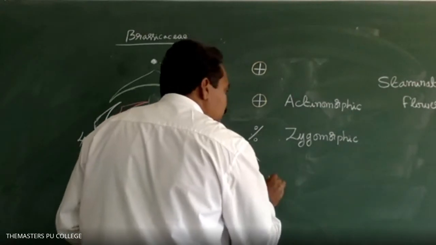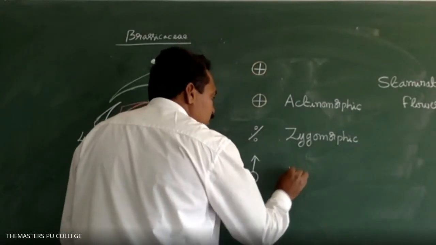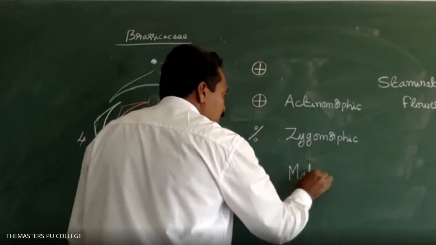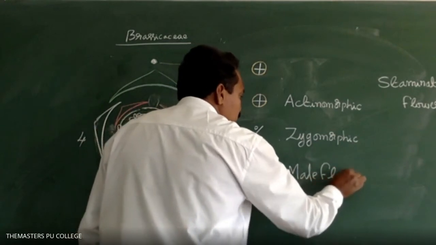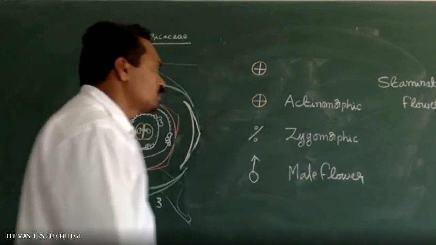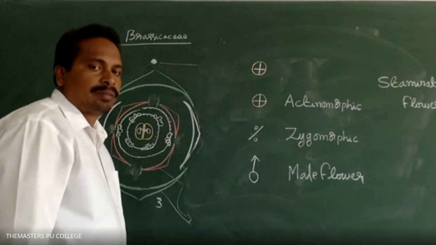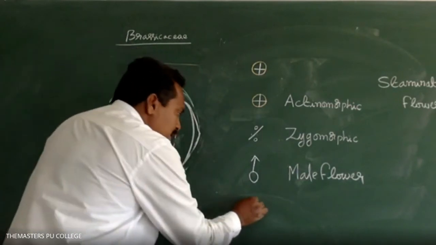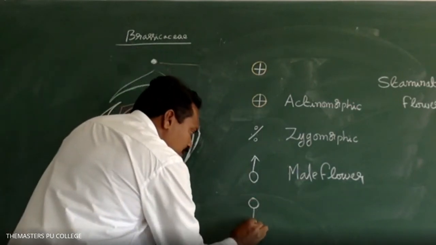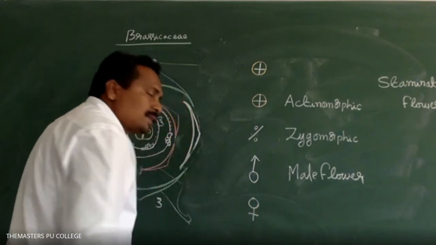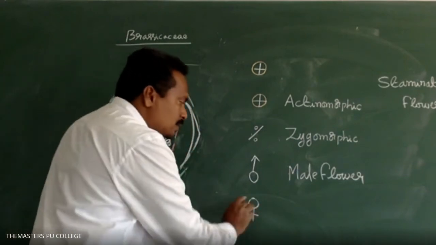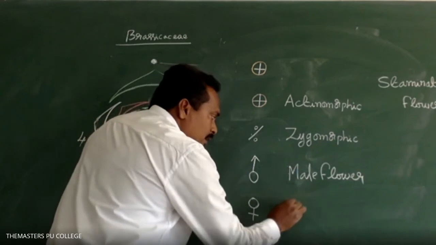So male flowers are denoted by this symbol. The female flowers, unisexual flowers, are represented by the plus symbol below the circle.